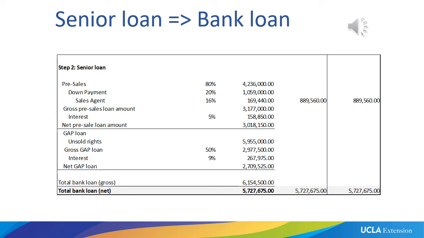That's the maximum that they will allow as a gross GAP loan. The interest of 9% is applied and deducted, leaving us with $2,709,525. So altogether, the net bank loan that we have available for the production under this scenario is $5,727,675.